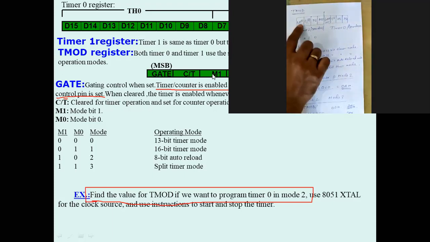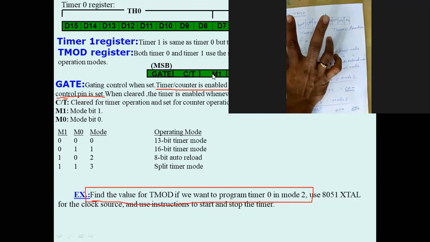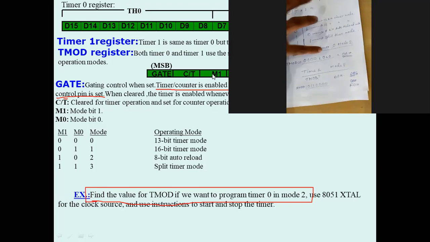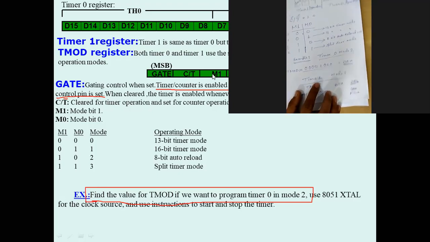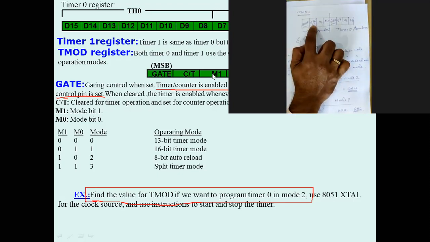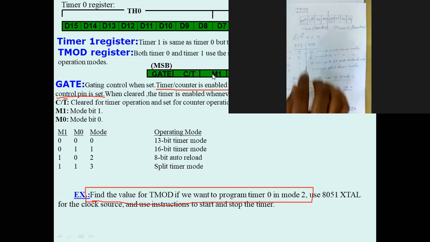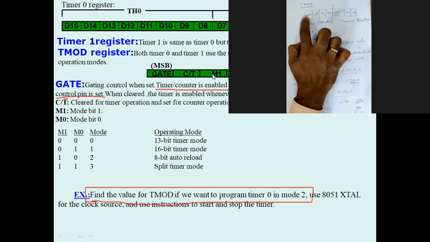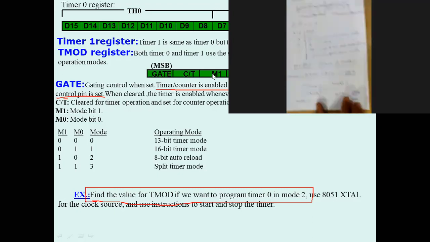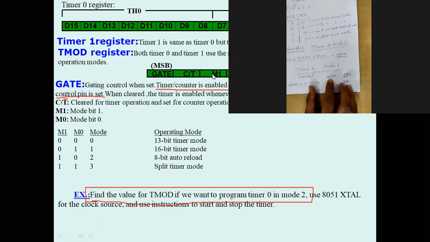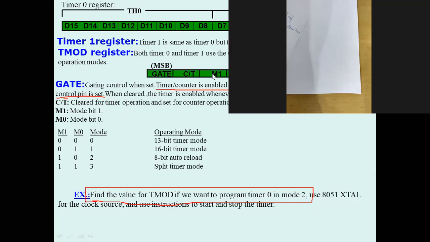In this particular 4 bits, gate will be 1 and timer 1 will be selected. Timer operation means this will be 0, active low, and mode 3 means 1 1. So 1011, that means B0. Understood?